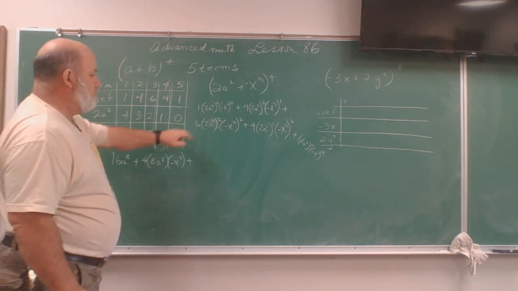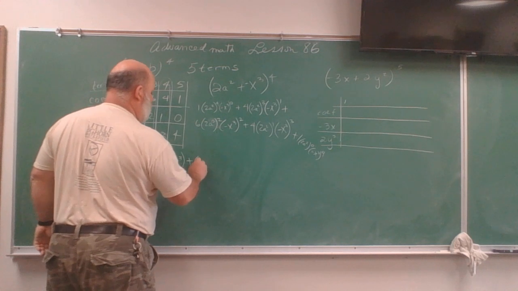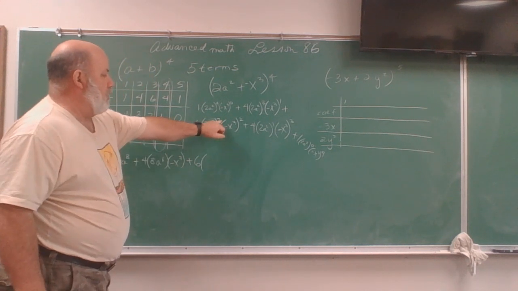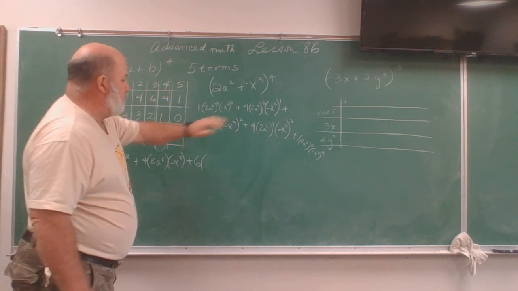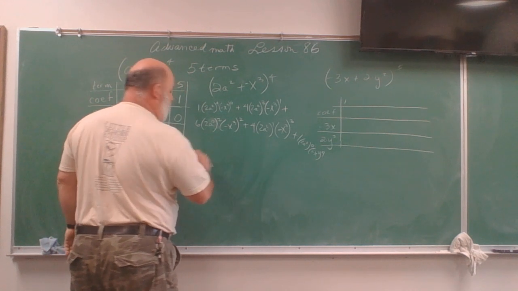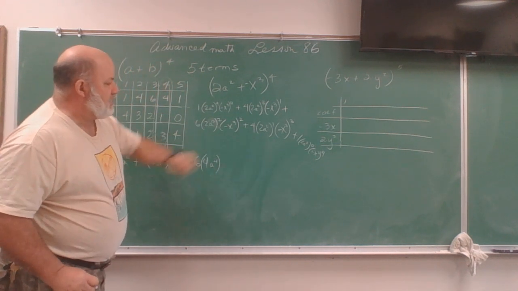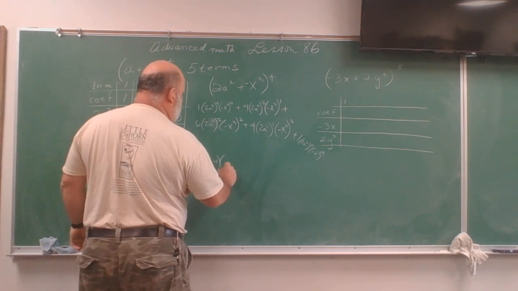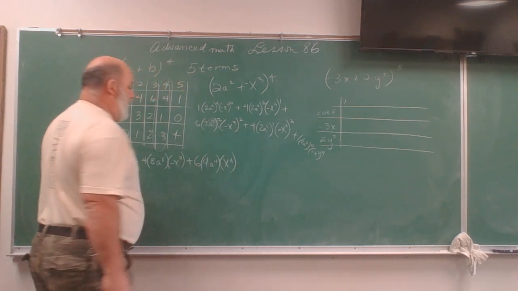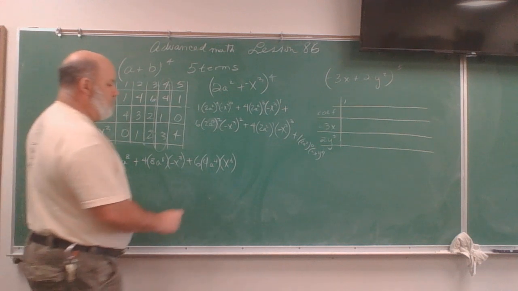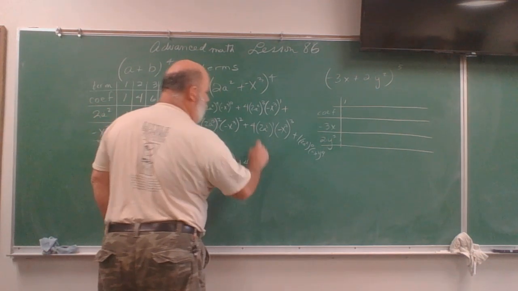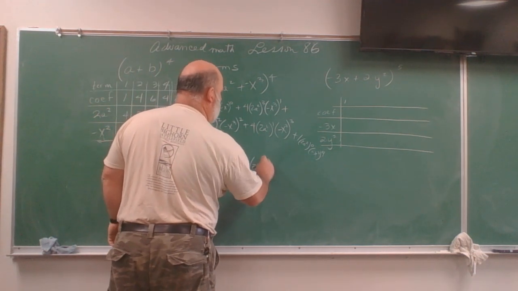Plus 6. 2a squared. What's 2a squared, quantity squared? 2 squared is 4. A squared squared is a to the 4. And negative x cubed quantity squared gives me positive x to the 6. Plus 4 times 2a squared.